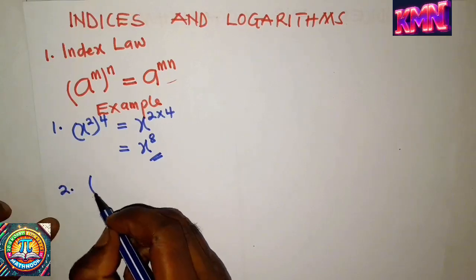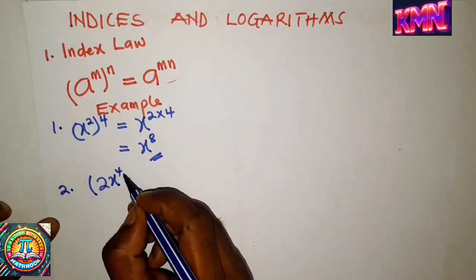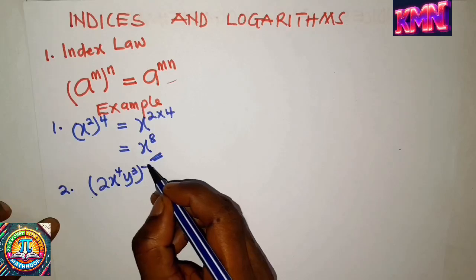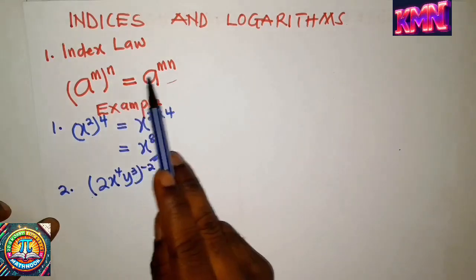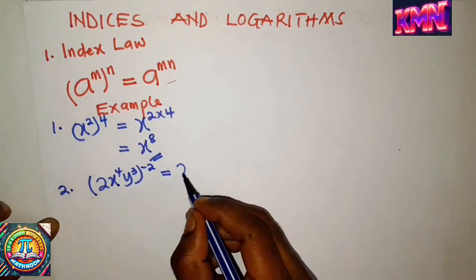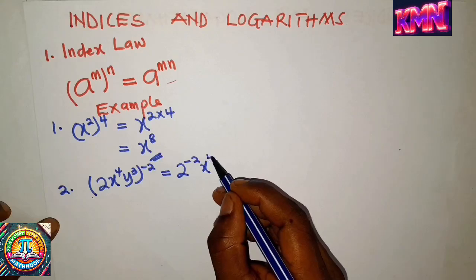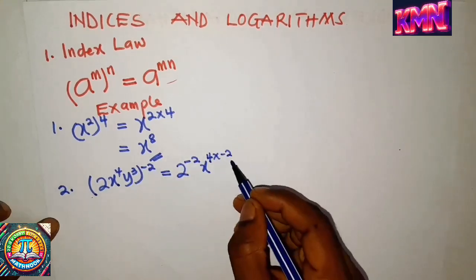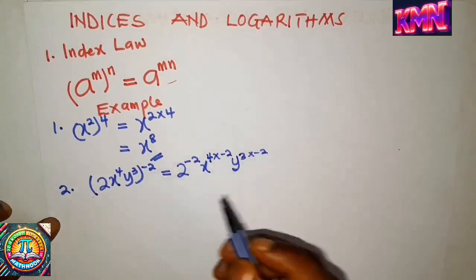Again, let's take another one. Assuming we have 2x exponent 4, y exponent 3, all to the exponent negative 2. As the property states, we get 2 exponent negative 2, x exponent 4 by negative 2, then y exponent 3 by negative 2.